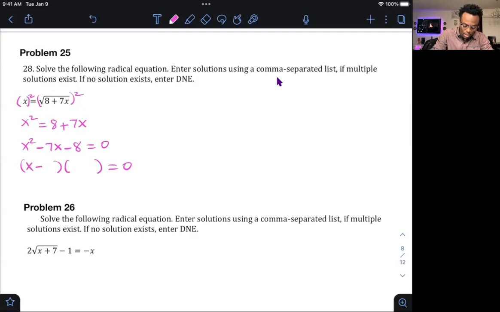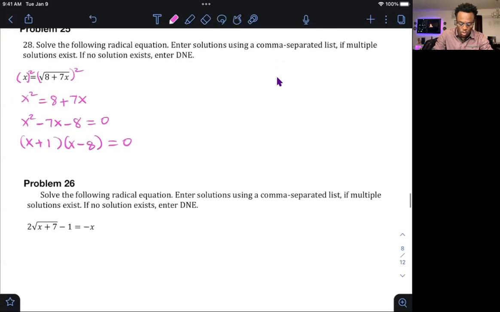So that's (x + 1)(x - 8) = 0. By the zero product property, x plus 1 equals 0 or x minus 8 equals 0. And then solve: x equals -1 and x equals +8.